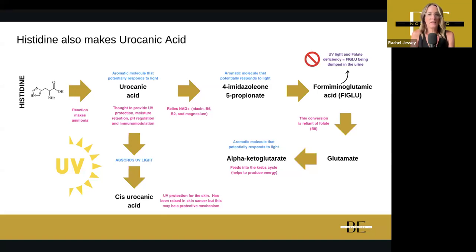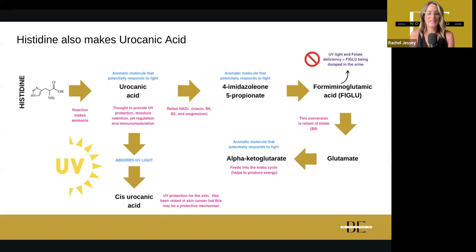It also makes urocanic acid. And urocanic acid is very important for our skin because it is thought to be the component that provides UV protection from the sun. But it also helps to keep moisture in the skin. It also helps with the immune functioning of the skin, and it also helps with pH regulation.